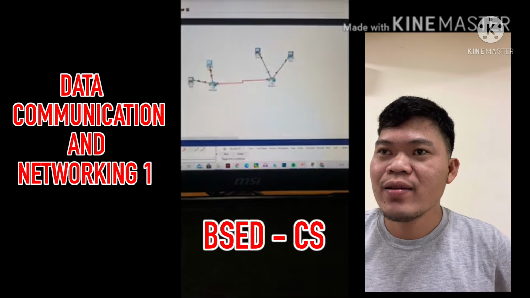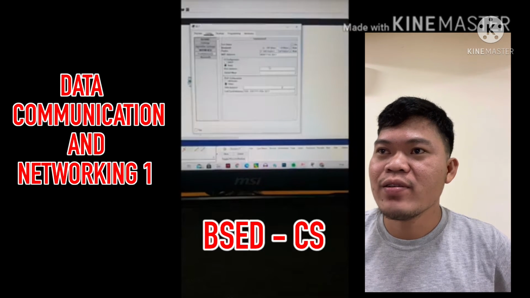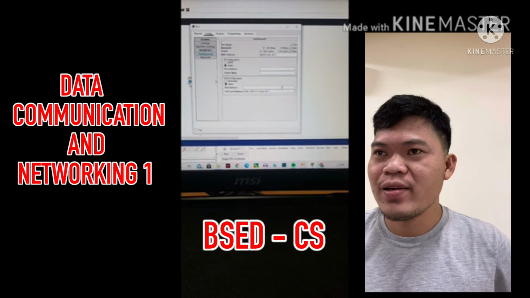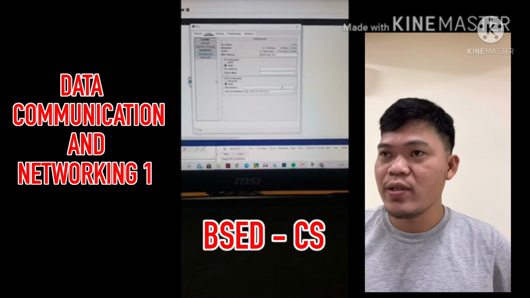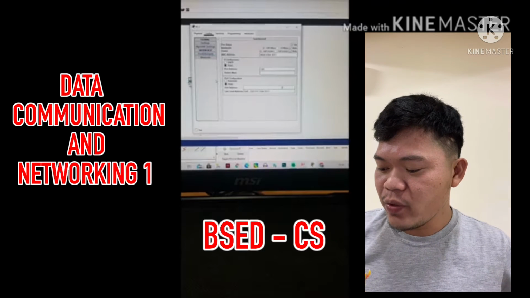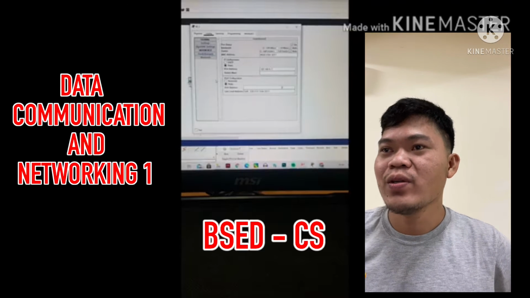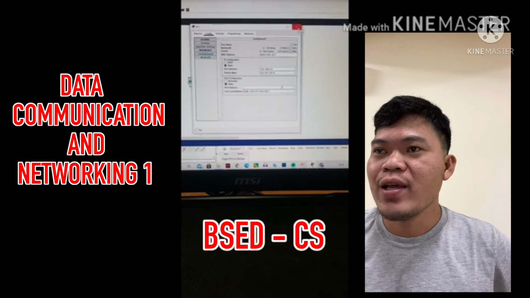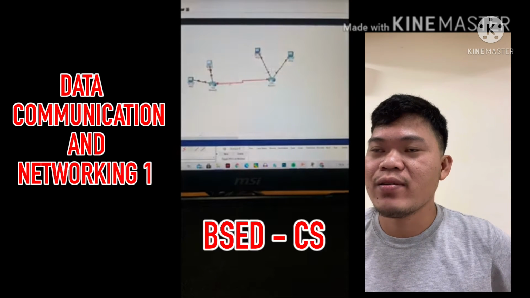And then another one, FastEthernet. Since the last digit of the IP address for PC0 is 1, let's put 192.168.0.2. For getting the subnet mask, just touch the enter key on the keyboard.